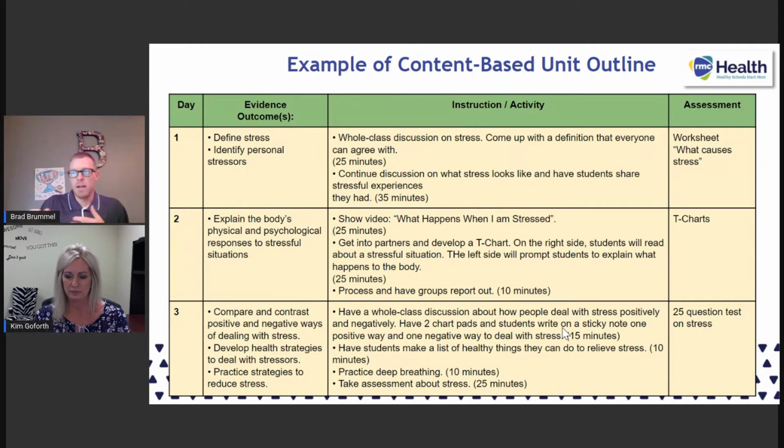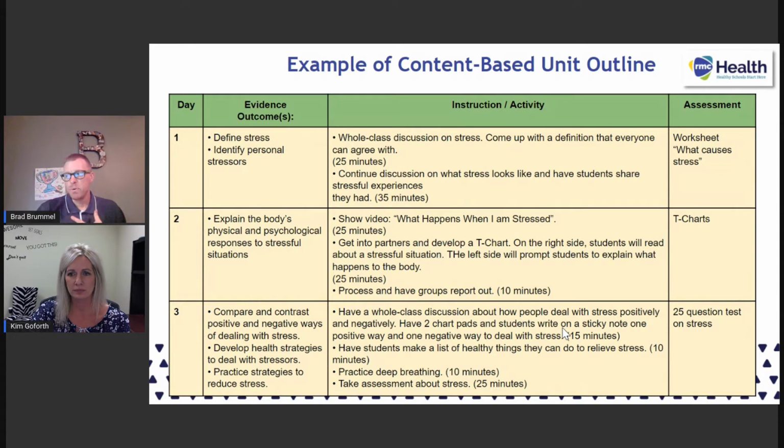And again, I want you, at this point, to pay attention to the time allotted for each activity. So 25 minutes for that class discussion and to come up with a definition. And then they're going to continue to discuss for 35 minutes on what stress looks like and how they've experienced stress themselves. So that entire first day is used on a lot of discussion.